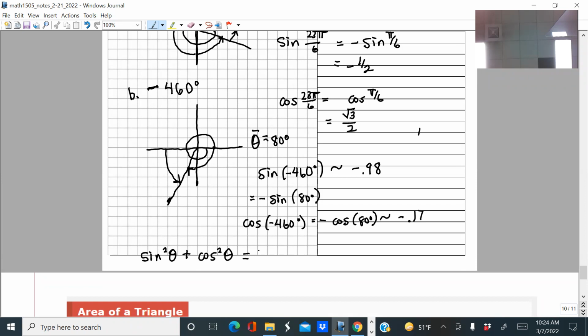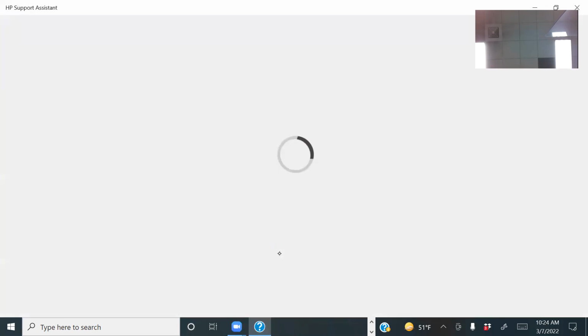One? One, yeah. Okay. So this is called the Pythagorean identity. Very useful identity. Okay. So remember, it's not sine theta plus cosine theta. It's sine squared of theta. So take the sine of an angle, square that value, add in the cosine of the same angle squared, and that should add up to 1. Let's see if that works in this case.